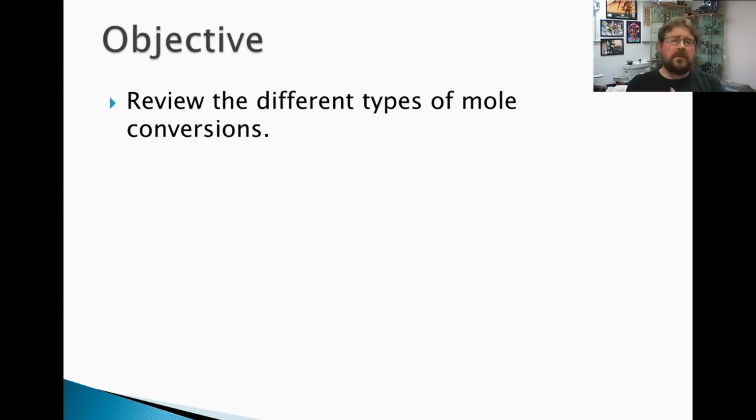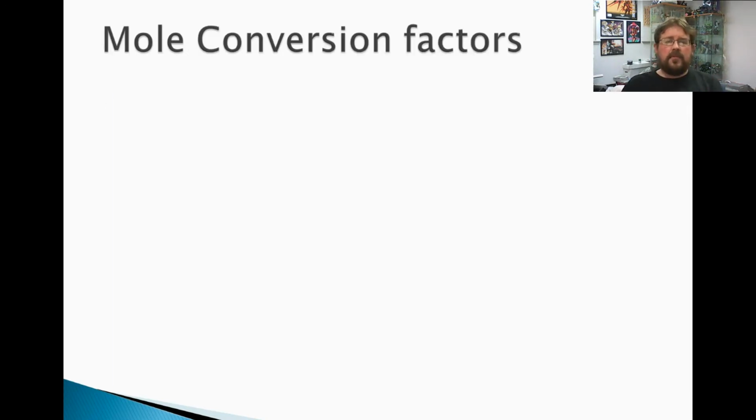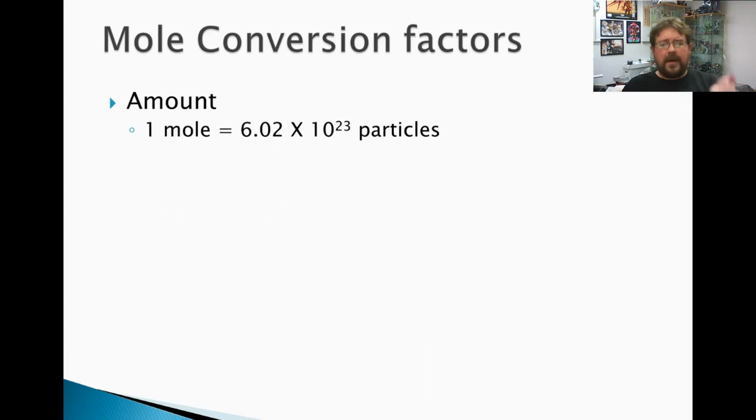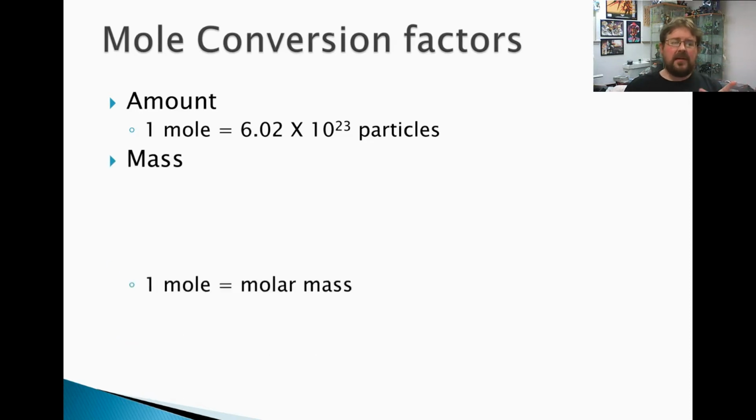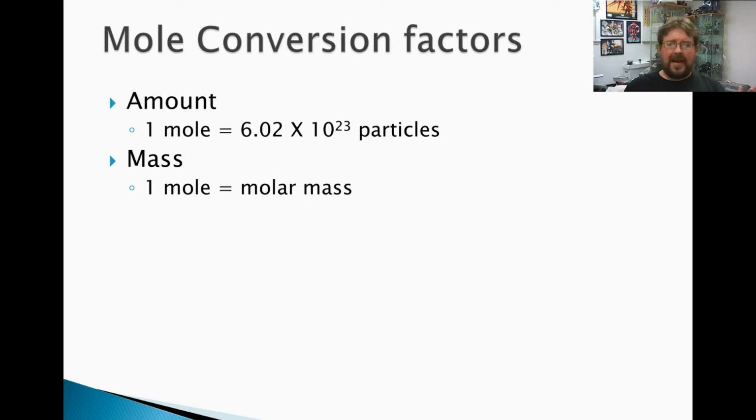Now we know that 1 mole is equal to 6.02 times 10 to the 23rd particles, and we also know that it goes into other things. So, mole conversion factors. When it comes to amount, 1 mole is equal to that many particles, and that is the definition of 1 mole. But we can't physically count particles. So we know that when it comes to mass, 1 mole is equal to the molar mass.